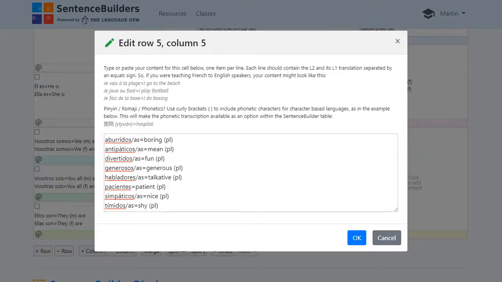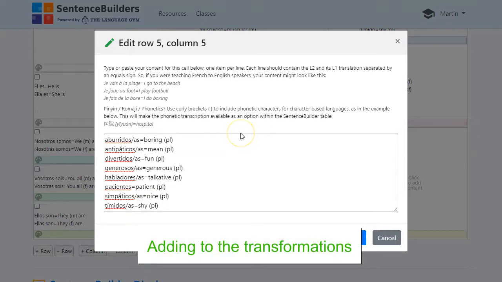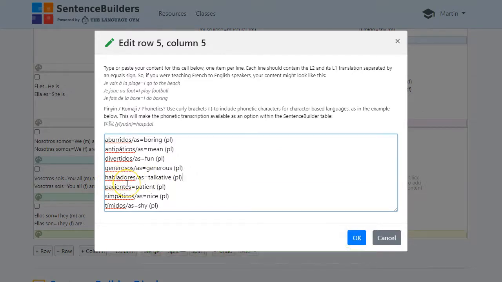And there we have the plural adjectives in masculine and feminine forms with a plural marker. You'll notice that we have a slight difference in one of our adjectives here, because hablador in the masculine plural would be habladores and the feminine would be habladoras.